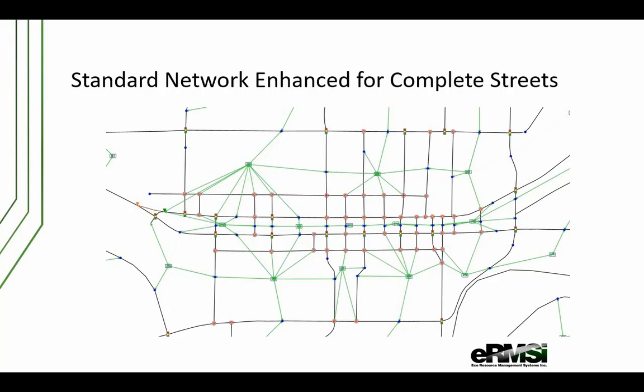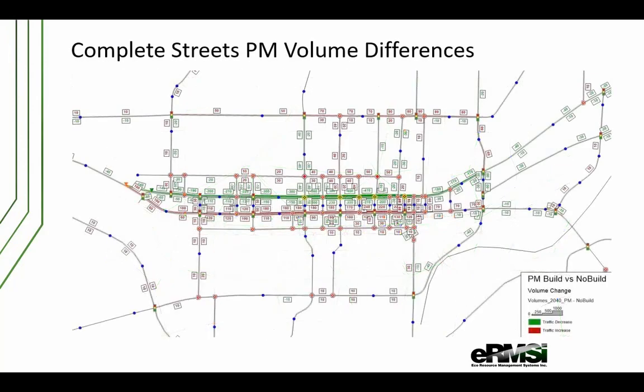That was an old one we'd established years ago. So just adding it, but then we could look quickly at the changes between the volumes, what would happen with and without our complete streets treatment there, adding in the roundabouts and the slower speeds and so forth.